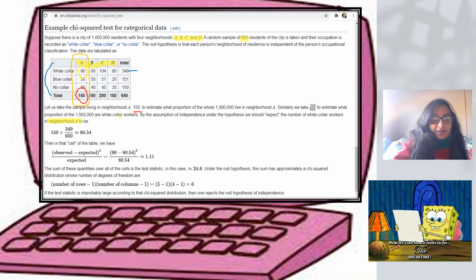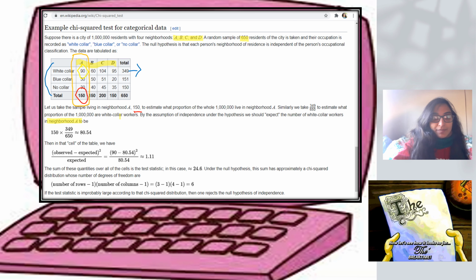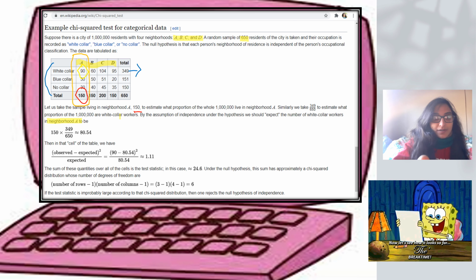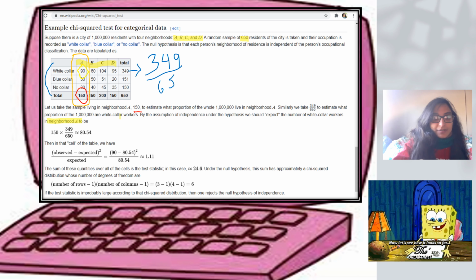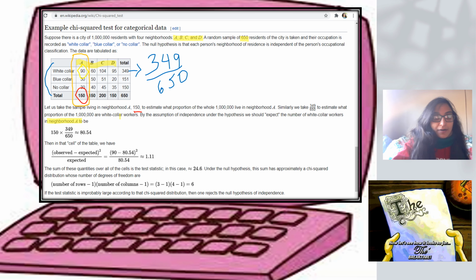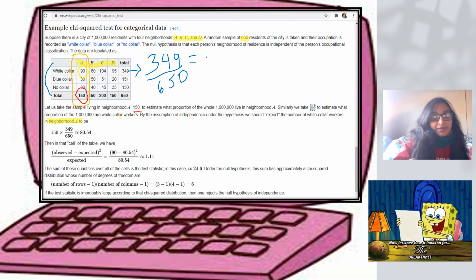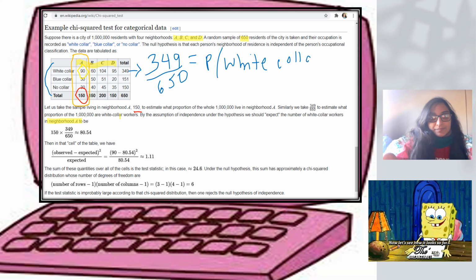Well, we would find that out of 650 people, 349 out of 650 people in this whole population are white collar. So that's a probability of being white collar in this population.